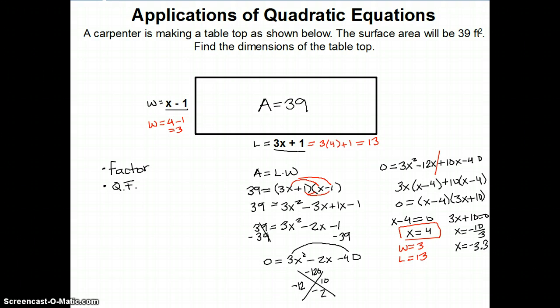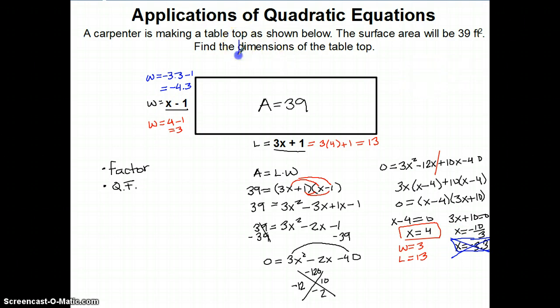Again, I still need to plug in that negative 3.3. However, if my length and width stay negative, then it cannot be an option. So I plug in W is negative 3.3 minus 1, which is negative 4.3. And since that width value is negative, this negative 3.3 is not going to work.